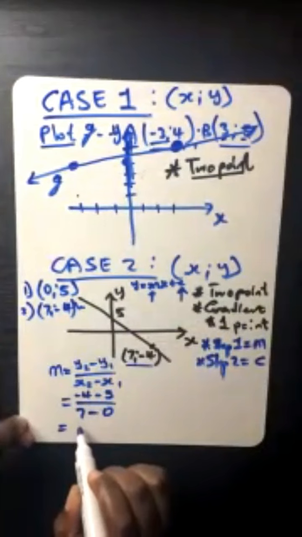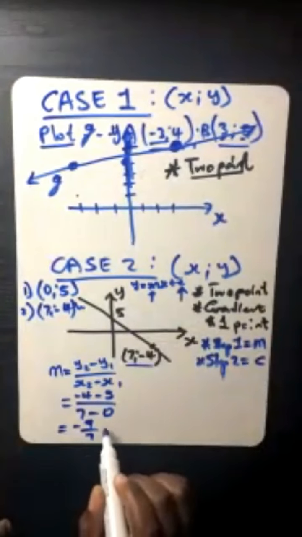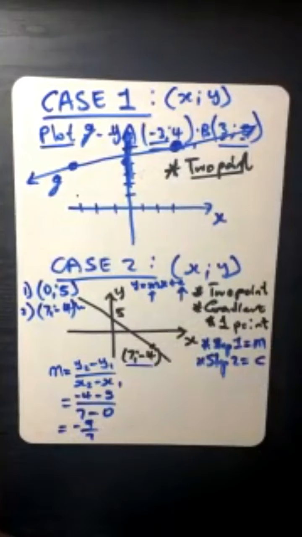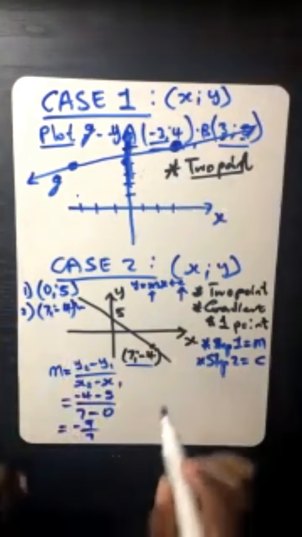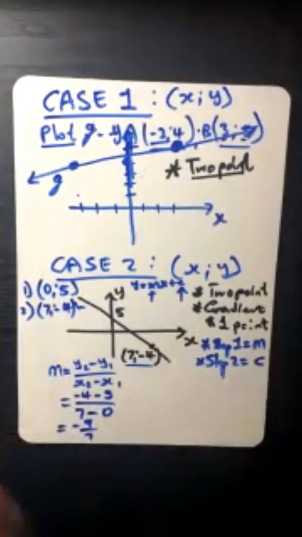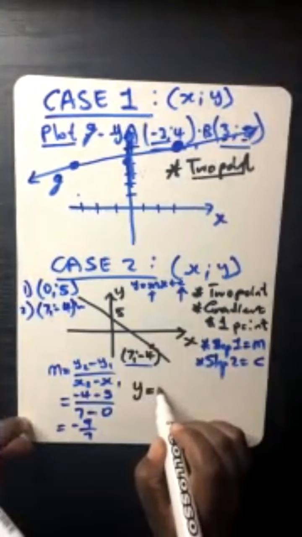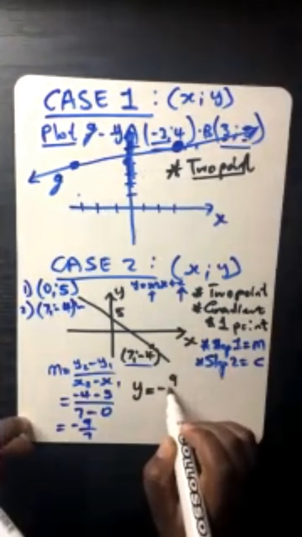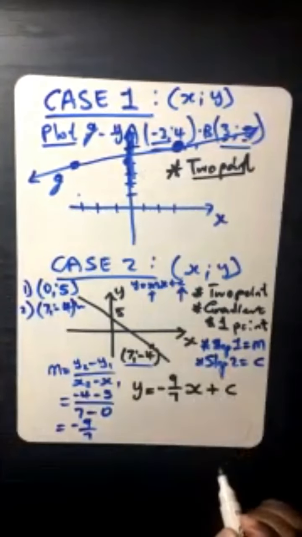So at the top we have negative 9 over 7. Negative 9 over 7 remains as that. So that means you have calculated your gradient. So far you have y is equal to negative 9 over 7x plus c.